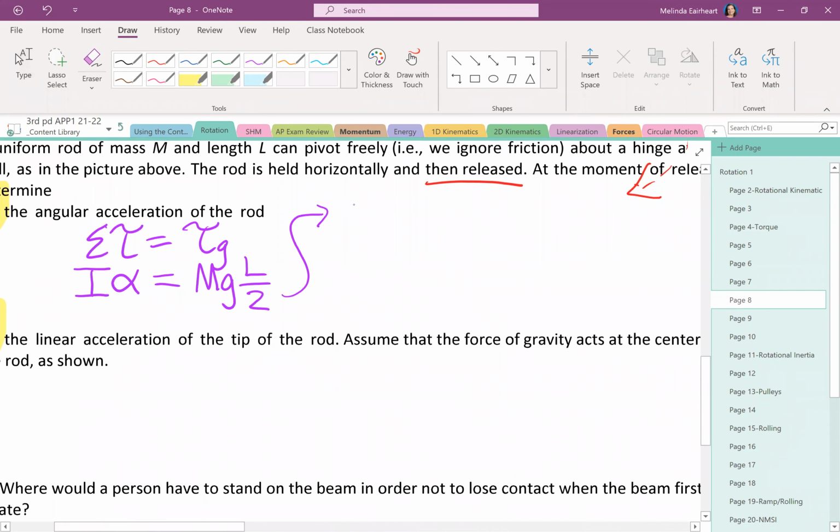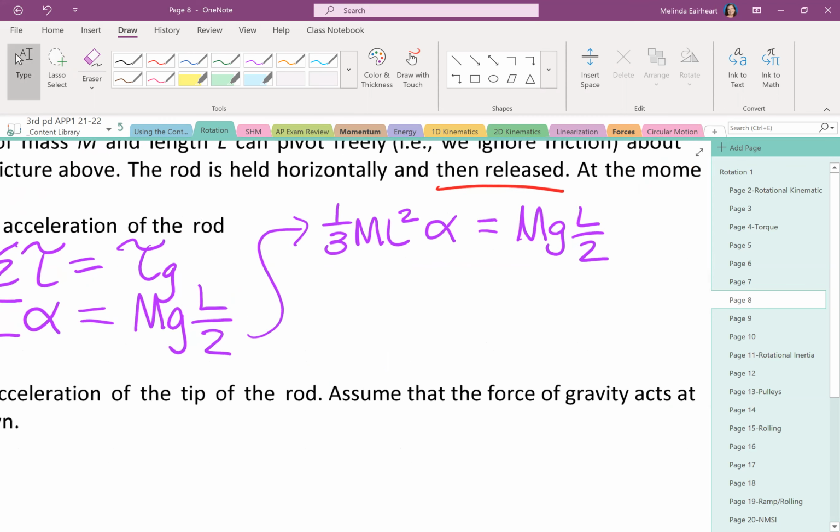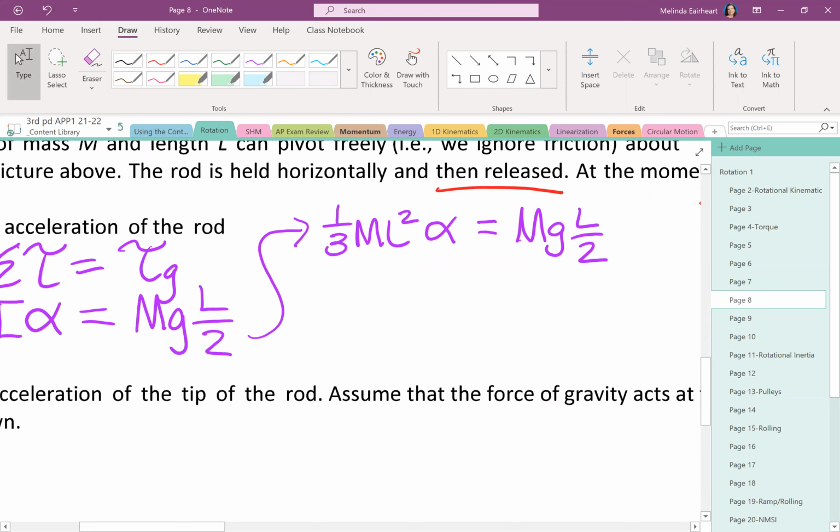Next step: 1/3 ml squared times alpha equals mgL over 2. What do we notice? The mass cancels. Anything else? A set of lengths.